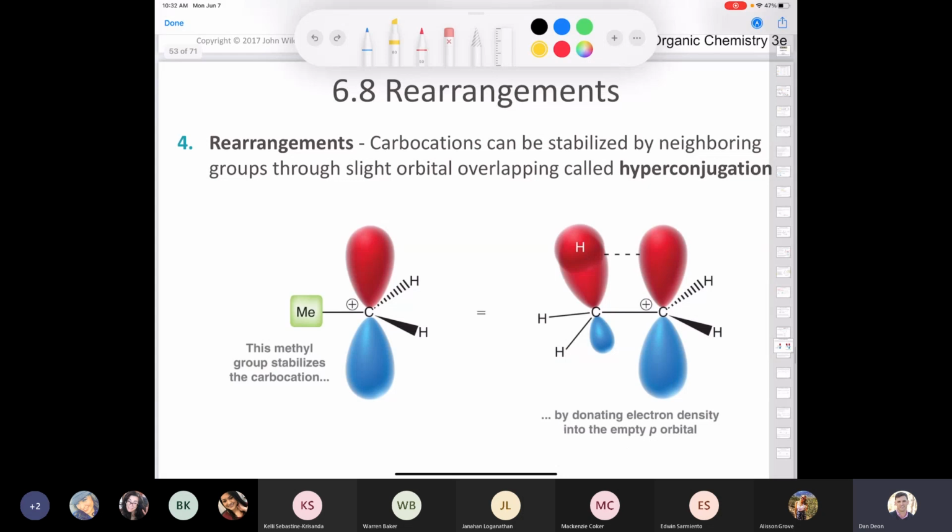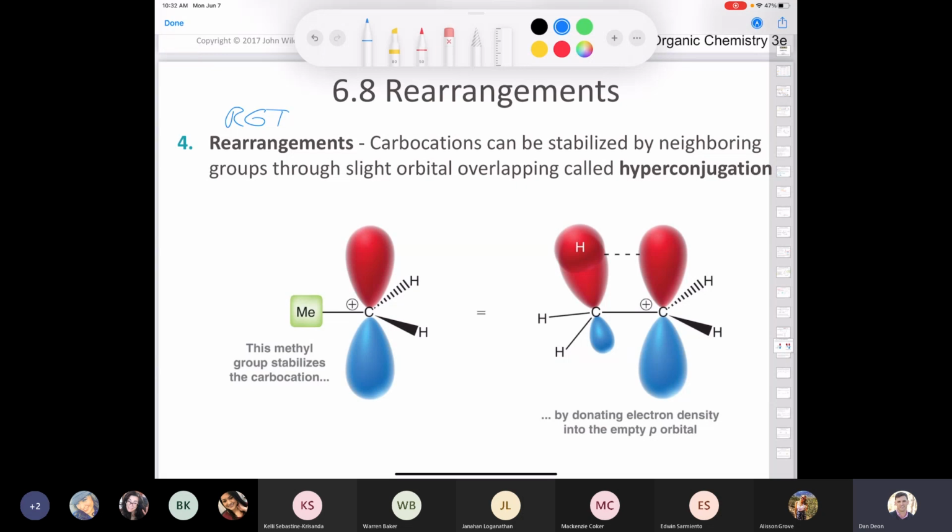All right. The next one is a rearrangement. So this is the last one. We had the nucleophilic attack, the proton transfer, loss of leaving group, and now the rearrangement, for which we use the acronym RGT. Okay. So you guys remember carbocations? Of course you do.